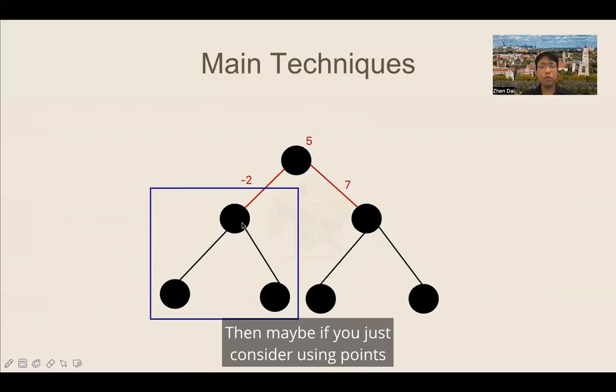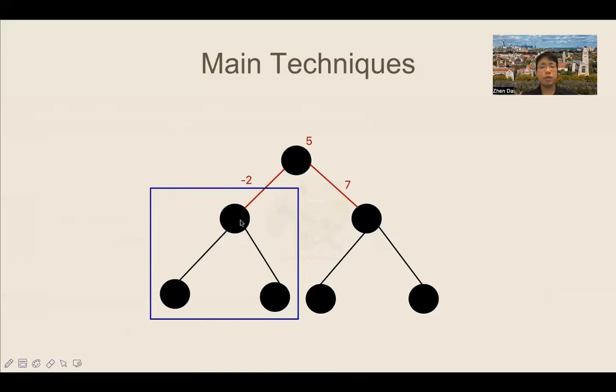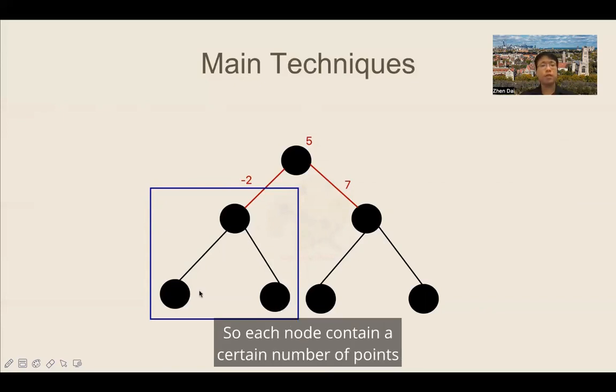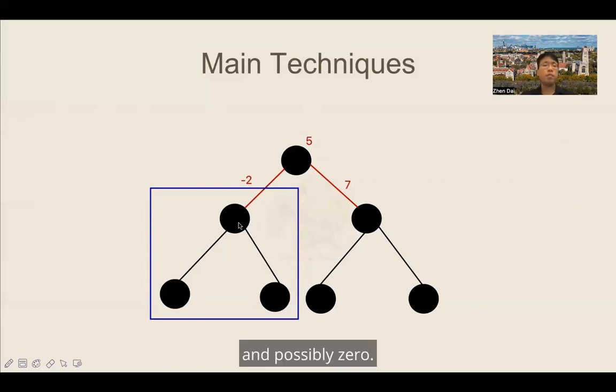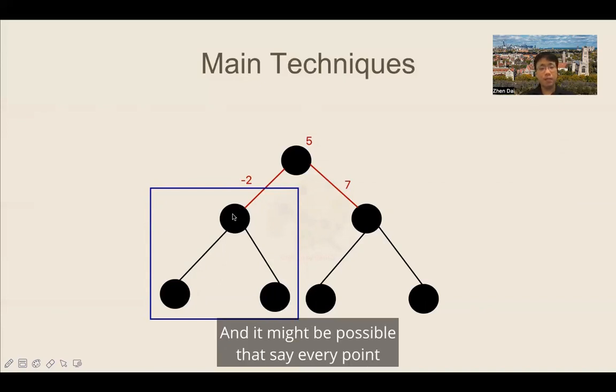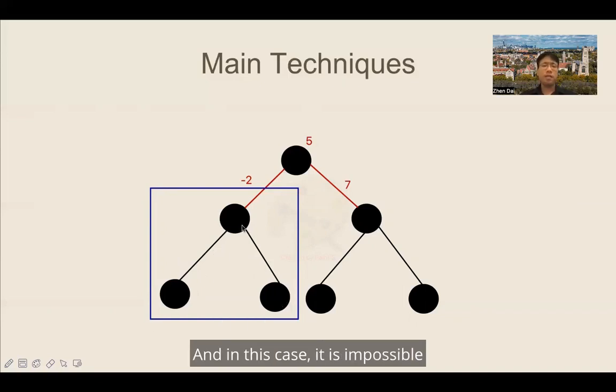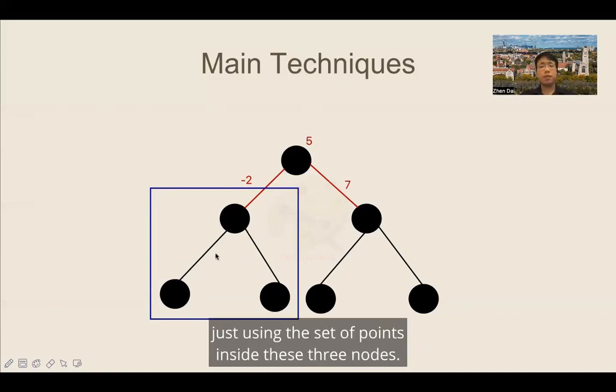Let's consider the subproblem on the subtree bounded in this blue box. Each node contains a certain number of points, possibly 0. It might be possible that every point contained in these three nodes is a red point. In this case, it is impossible to produce a fair clustering using just the points inside these three nodes.